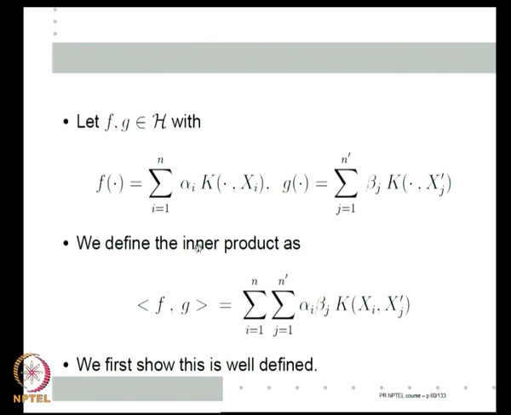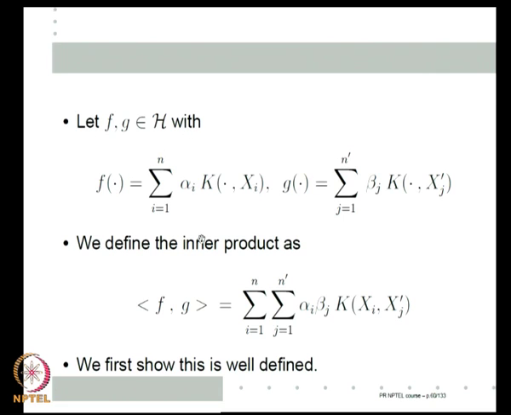When we say we take all possible linear combinations, there is no guarantee that two different linear combinations do not give you the same function. A given function may not be representable uniquely, which means these alpha_i's are not sacrosanct. The function is sacrosanct, because it is an element of H, but the same function may be representable with some other alpha_i primes and some other x_i's.